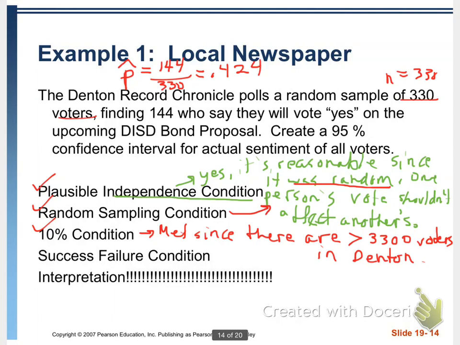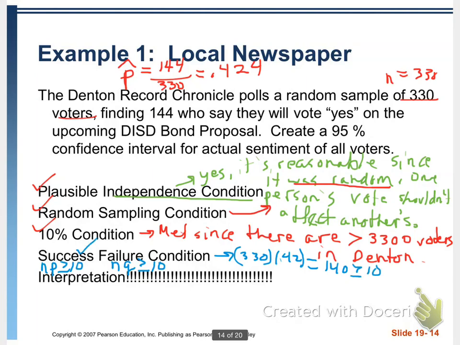So what's my success? Well, I'll change colors again. My success here is n times p. Is it greater than or equal to 10? And then n times q is greater than or equal to 10. I think it's going to be fine here, but let's just do it here. So I'm going to get 330 times 0.42 equals 140, which is greater than or equal to 10.